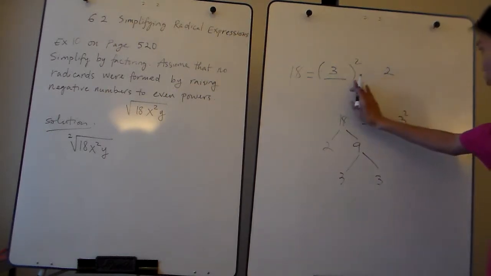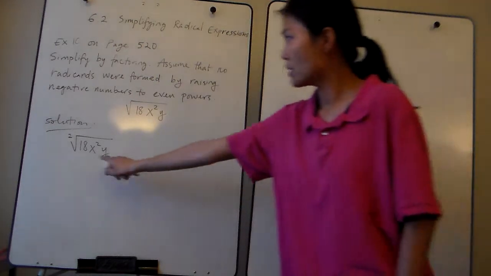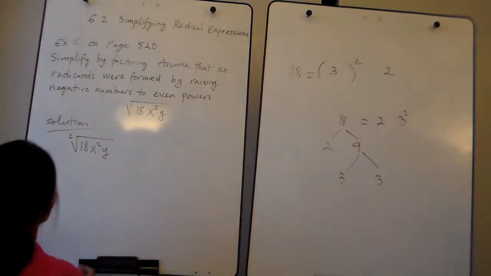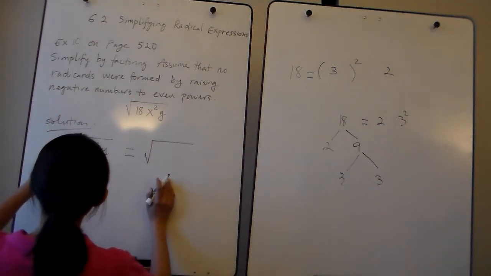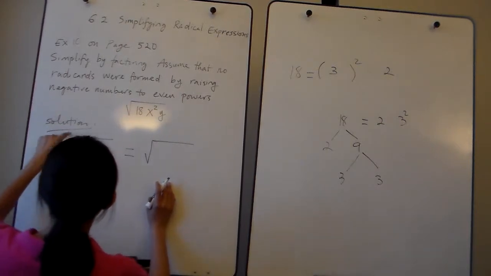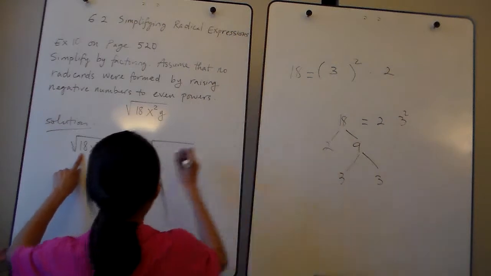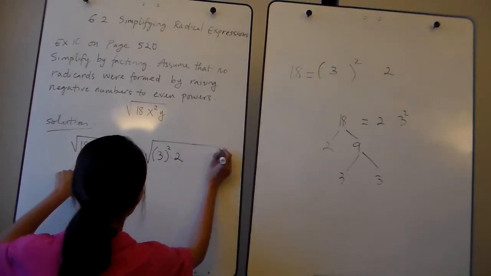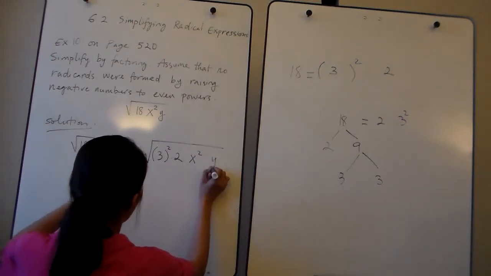Now, I'm going to replace the coefficient 18 here inside the square root with its factors. Again, you don't have to write this. When you don't see it, it means there's a 2 here. So 18 can be factored to 3 squared times 2. The remaining is x squared, and this is y.